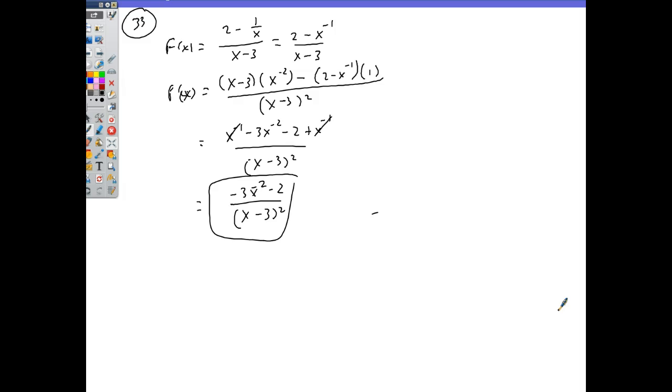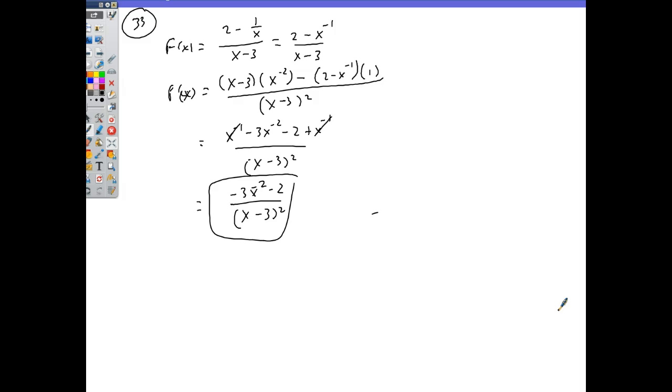Don't you have 2 of the x to the negative 1? Why? Because it's plus, not minus. So that would have been a plus.